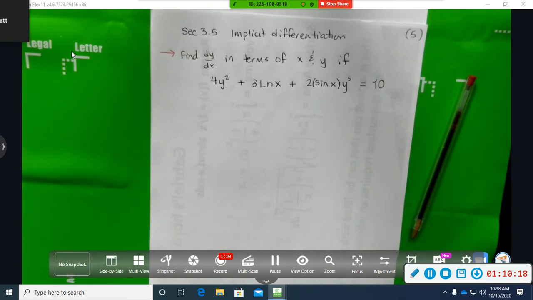So you've got an equation, x's and y's are mixed up. Implicit differentiation allows you to take the derivative of the equation term by term. And just remember, anytime you take the derivative of a y, it's a function of x, so you tack on your y prime term, which I wrote in this case as dy dx.